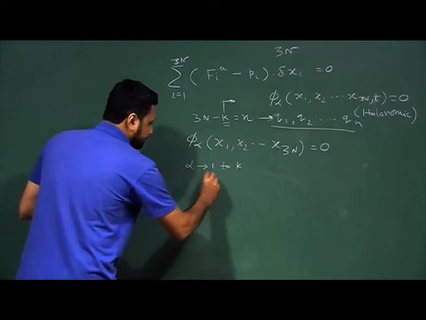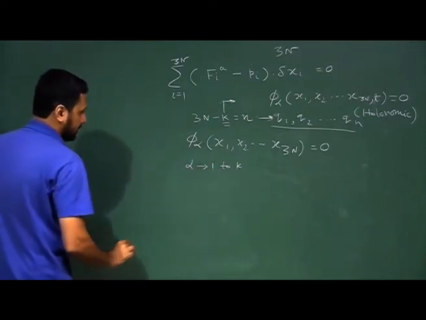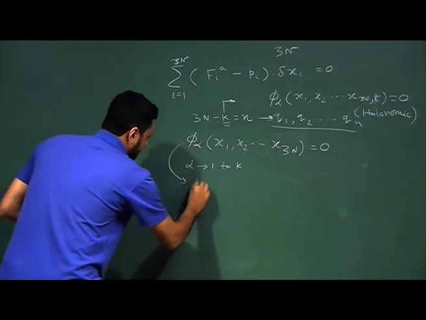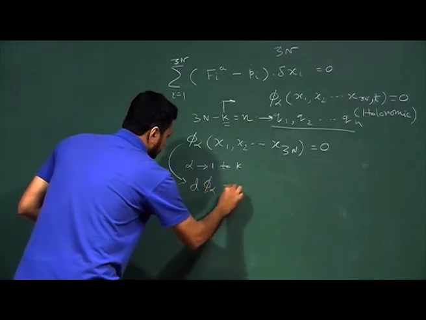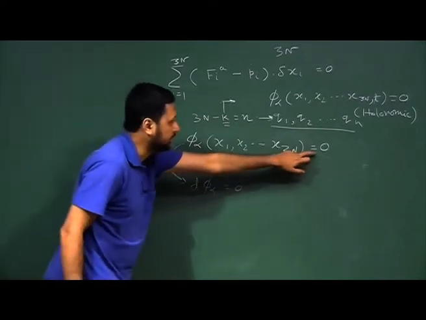So, if we have alpha of such equations, it is obvious that d phi alpha will be equal to 0, because this side is 0 anyway.